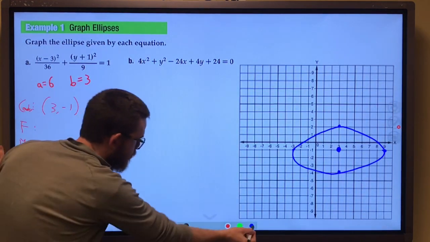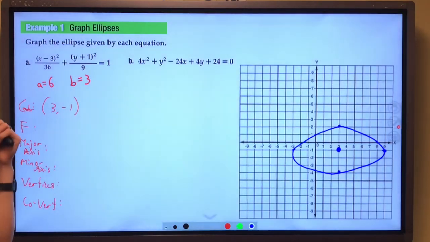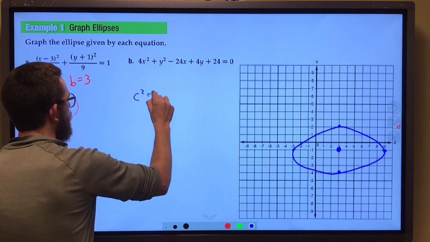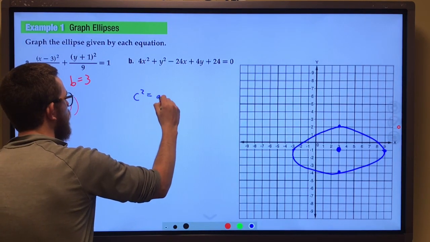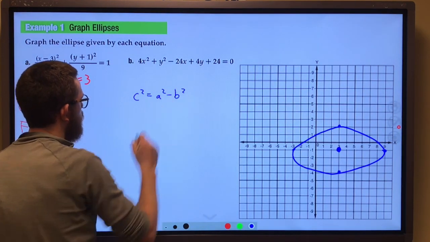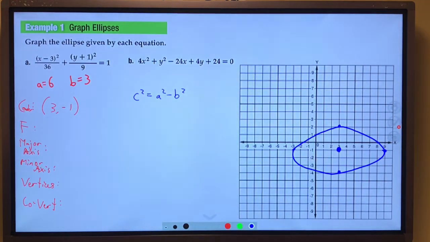Hopefully I didn't. Anyways, to find the foci, we need to find the C value. And we know that C squared is equal to A squared minus B squared. Don't get that too confused with the Pythagorean theorem.